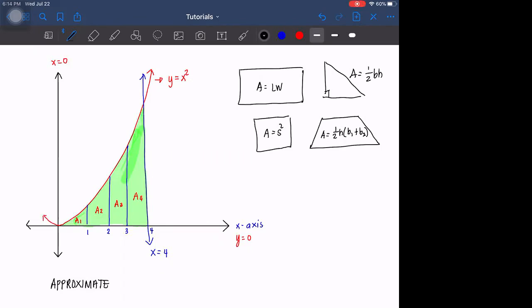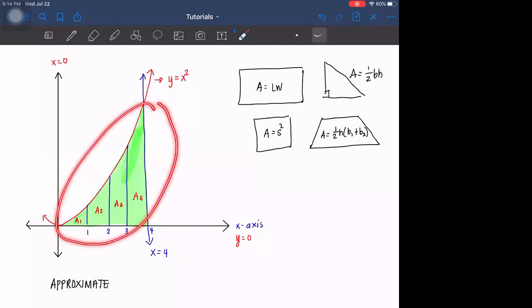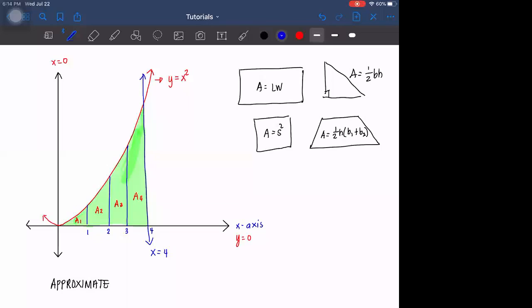So, to find the approximate area of this shaded region, the portions we drew, we will form rectangles.